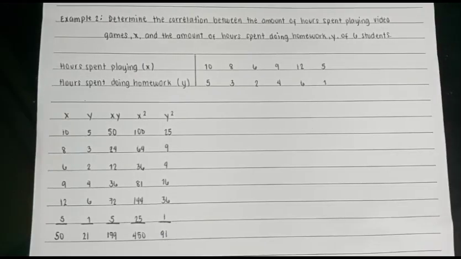Let's proceed naman sa computation. Hindi ko na isusulat yung formula para mas mabilis. Let's substitute all the sum na nakuha natin kanina sa formula na ating gagamitin. So, R is equal to N or sample size, which is 6.